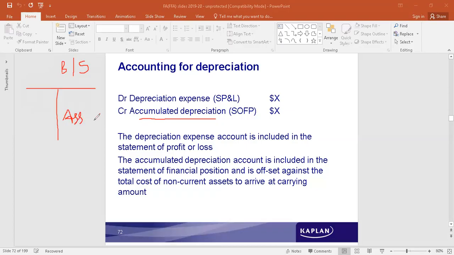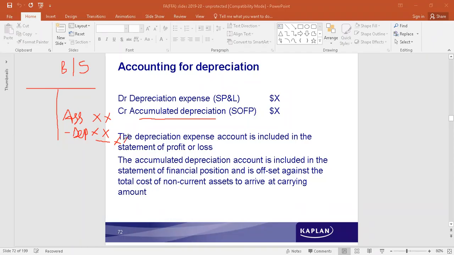Whenever the depreciation amount is charged, it is deducted from that and the asset value reduces. We would see the net value of the fixed assets is a decreased value.